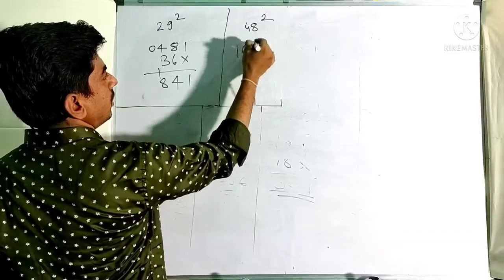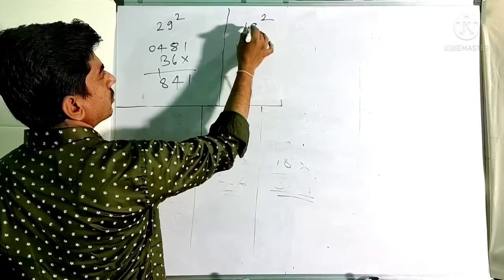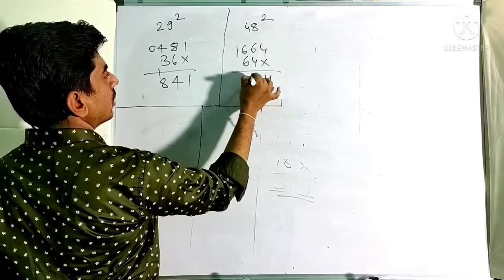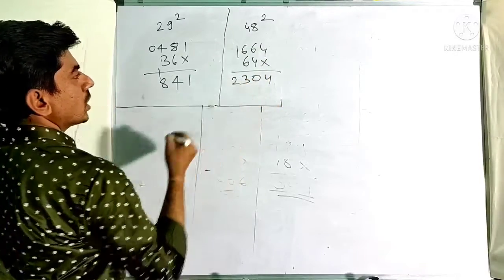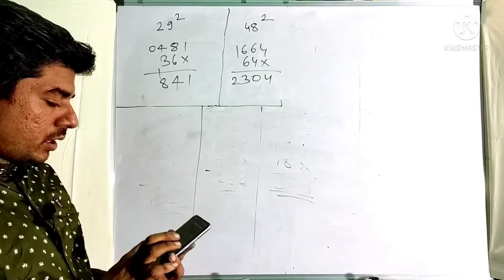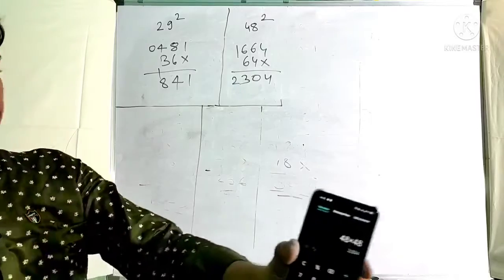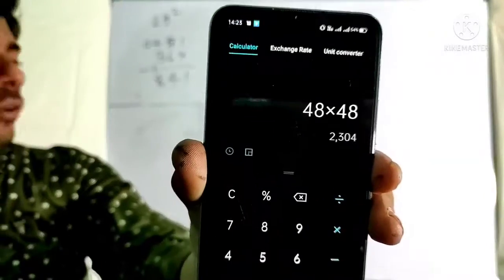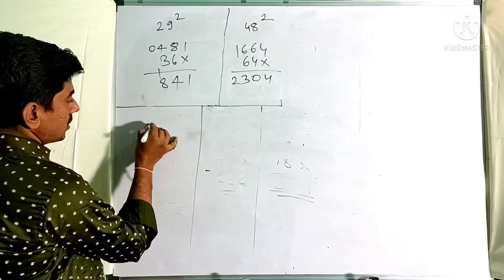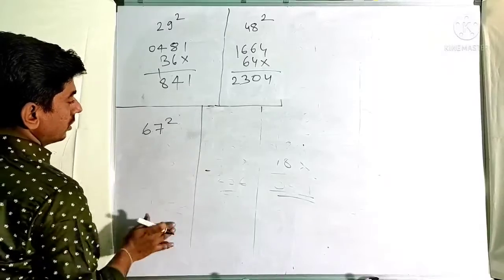Again 4 square 16, 8 square 64, 8 4s are 32 into 2, leave 1 place, 64, 4, 10, 13, 2304 is the answer. Let us check it. See friends, the answer is correct. 48 square is 2304.